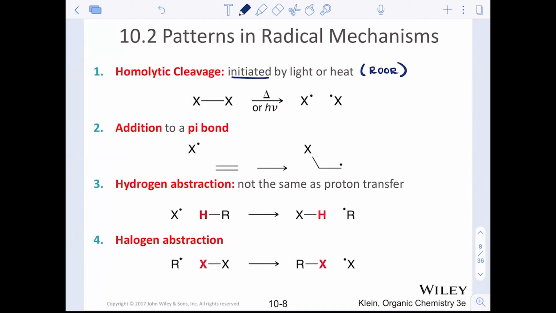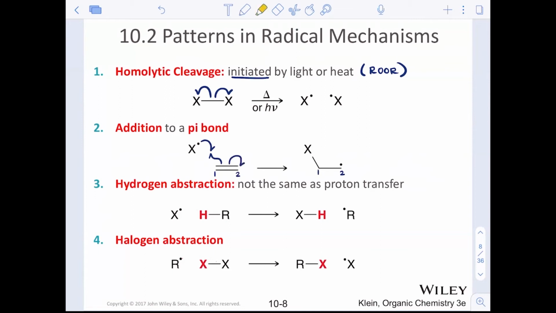What heat, light, or peroxides do is it will start by homolytically cleaving the bond. Right? One arrow for each electron, one electron for each X element there. Addition to a pi bond is another radical mechanism pattern. Notice here the addition of the pi bond is going to be creating a new sigma bond between carbon 1 and creating a radical on carbon 2.